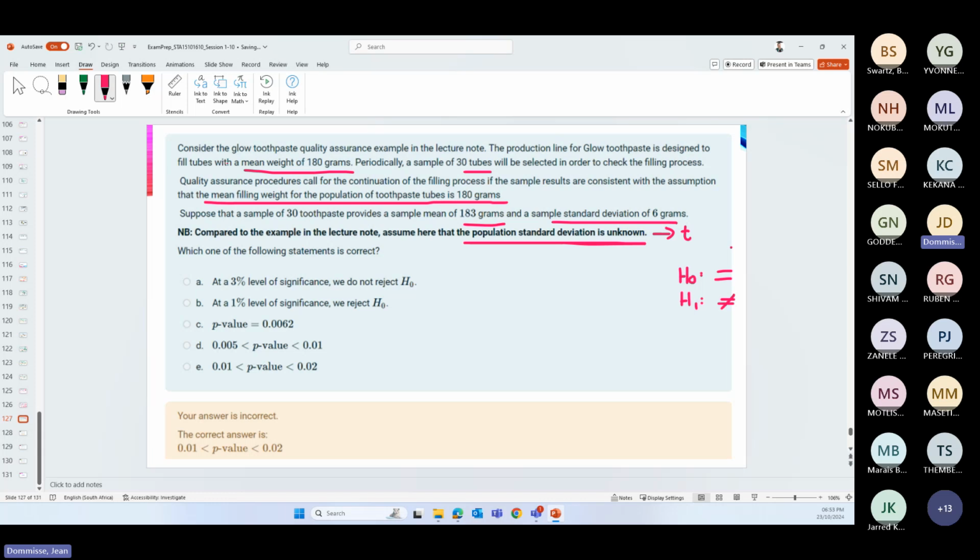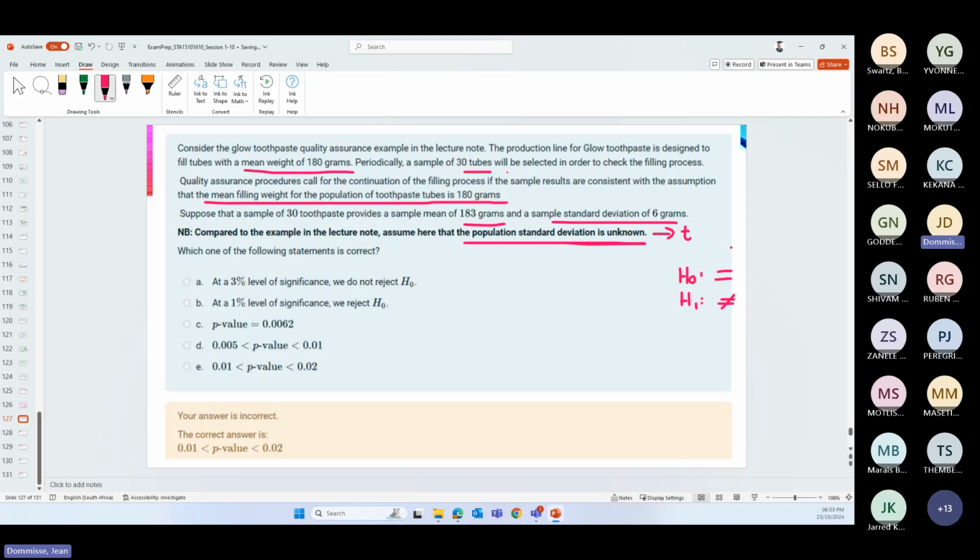They did not tell us it needs to be bigger or it needs to be smaller. They're just telling us that if it is not 180, so let me just read it quickly again to see.